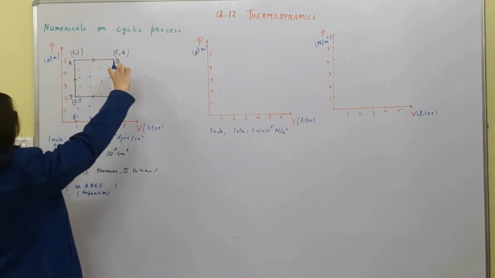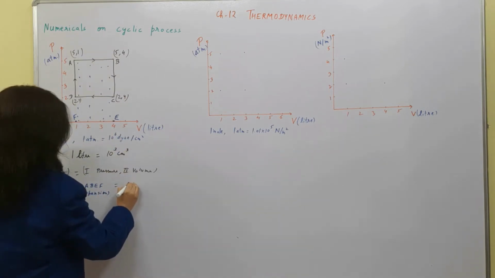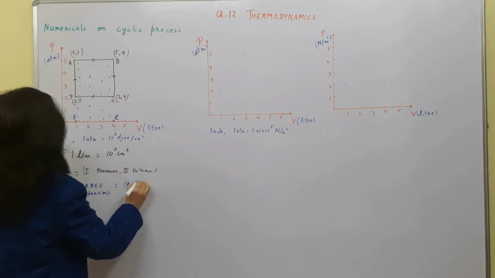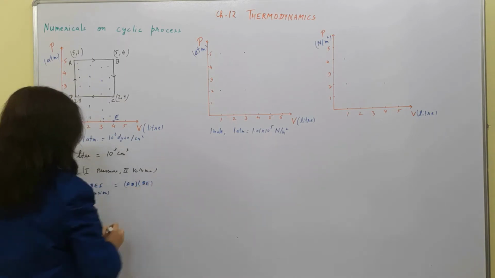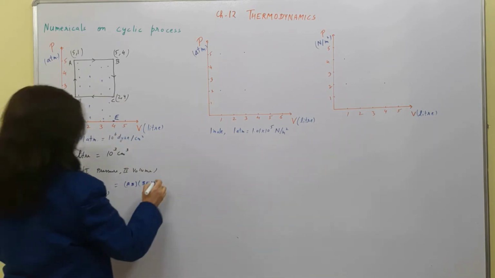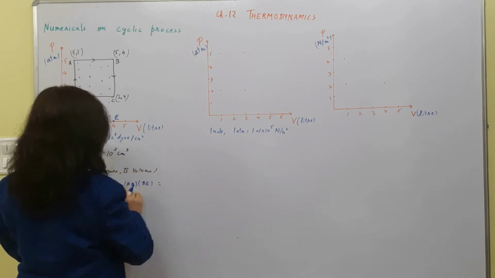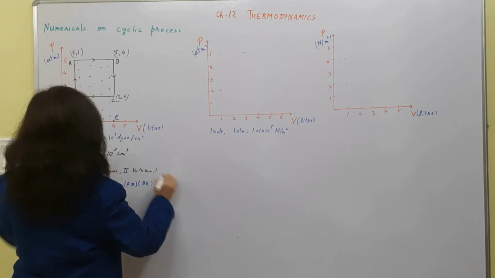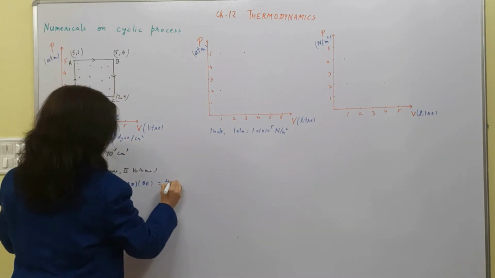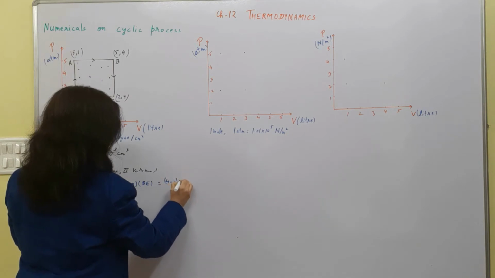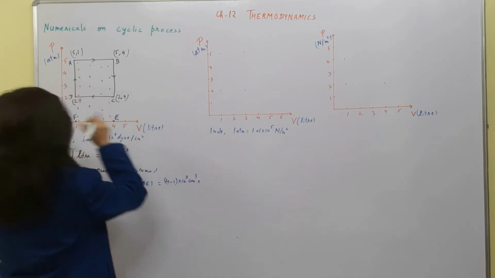So you can write down this length and this breadth, so AB into BE. This is a rectangle. AB will be volume. So 1 liter is 10 to the power 3 centimeter cube. So 4 minus 1, into 10 to the power 3, this will be in centimeter cube, into BE. BE is how much?